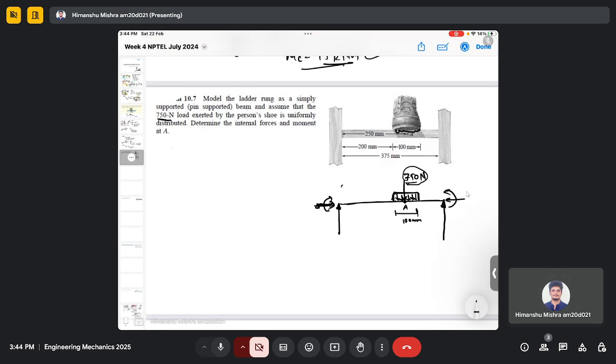We only have three equations: sigma Fx equals zero, sigma Fy equals zero, and sigma moment equals zero.